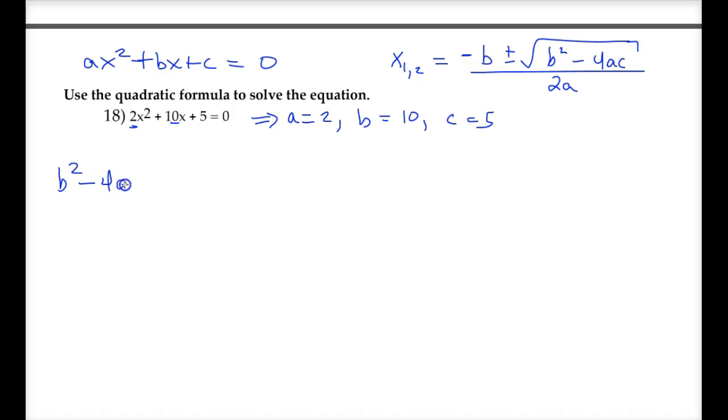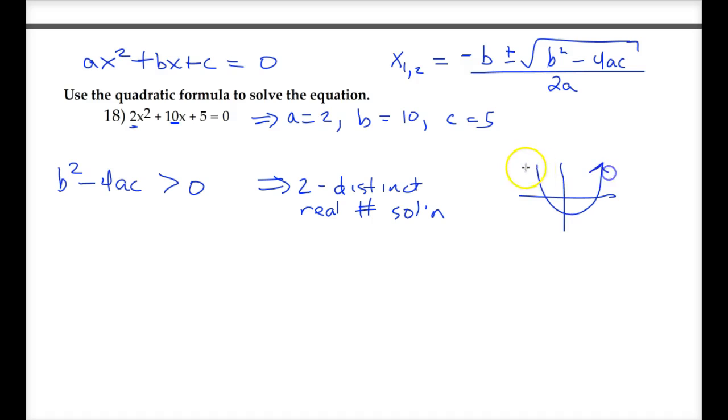When b squared minus 4ac is greater than 0, we know that we have two distinct real number solutions. Graphically, that means we have two x-intercepts, x1 and x2.